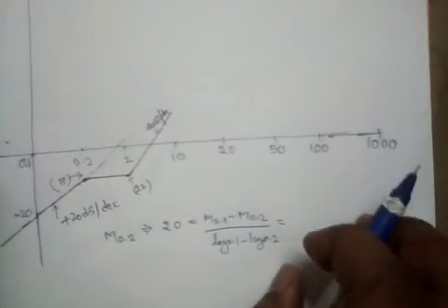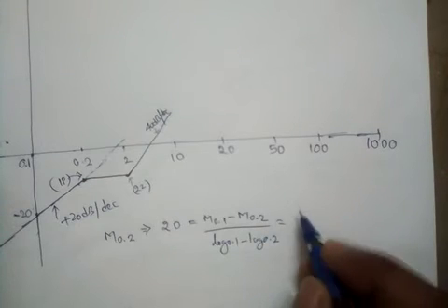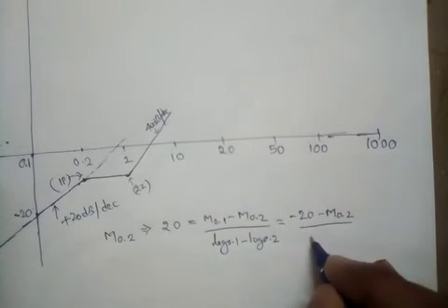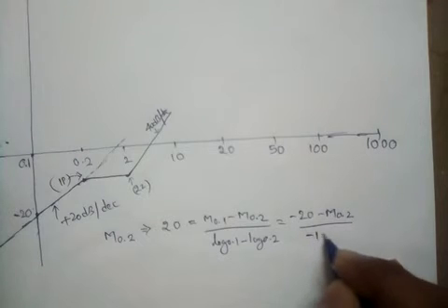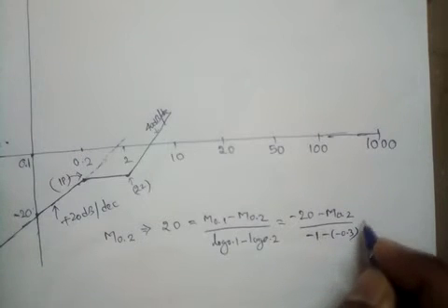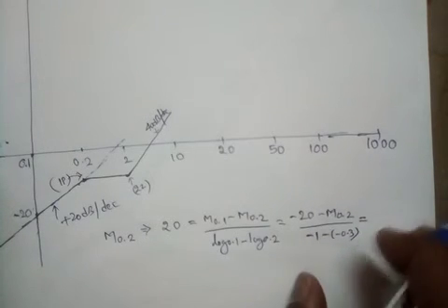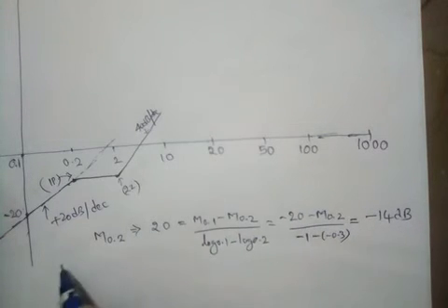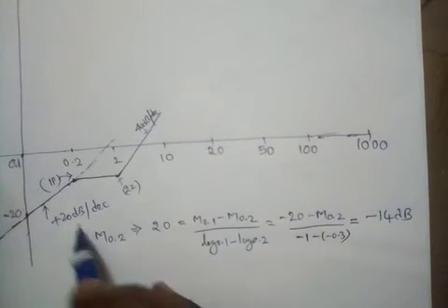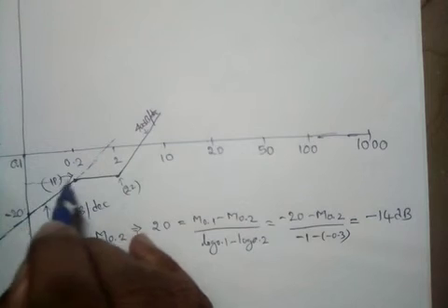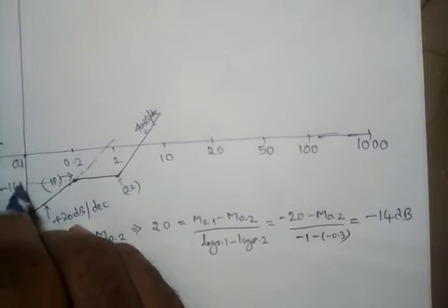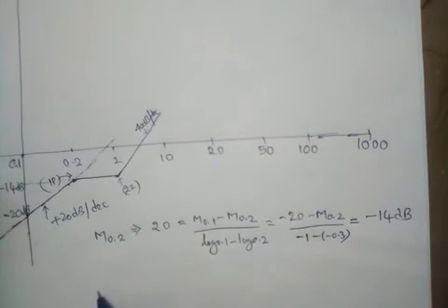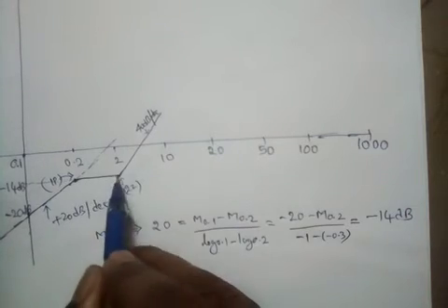Magnitude at 0.1 is minus 20, minus 1 minus of 0.3 becomes minus 14 dB. So magnitude at omega is equal to 0.2 is minus 14 dB. The same magnitude is carried out to omega is equal to 2.